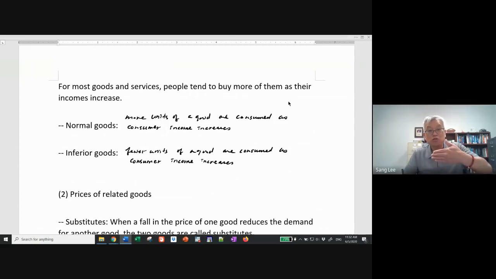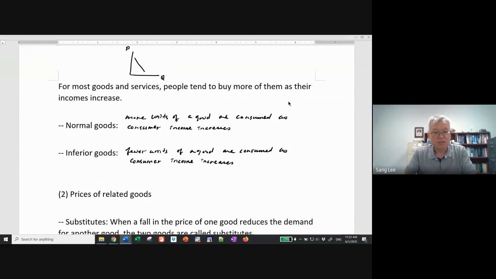So as you have more financial means, actually, you reduce the consumption of a certain good. If that's the case, then we call such goods inferior goods. Okay. So now, in terms of a graph, for normal goods, let's say price and quantity demanded.